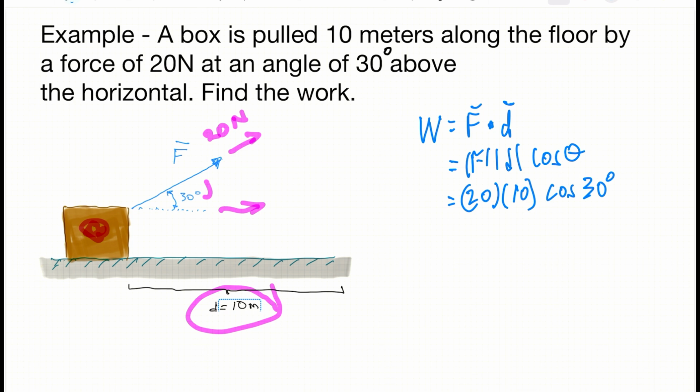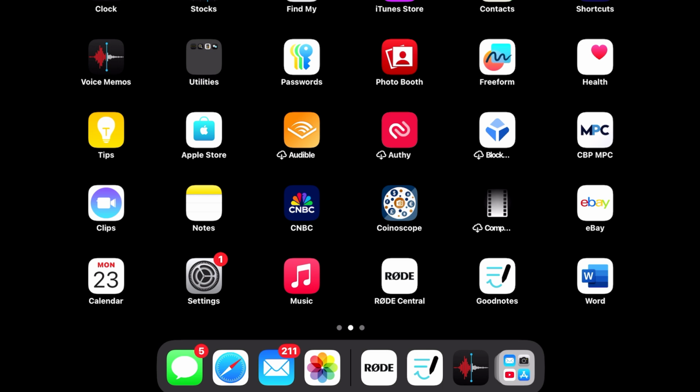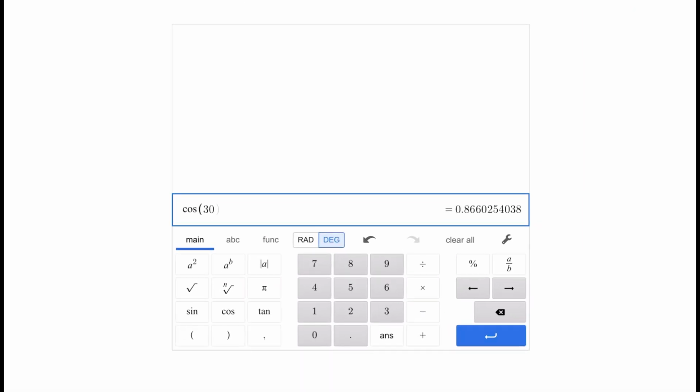Now to calculate the cosine, let's go into our Desmos calculator to do that. So let's enter cosine and then 30. That gives 0.866. Now take this number back into our example.